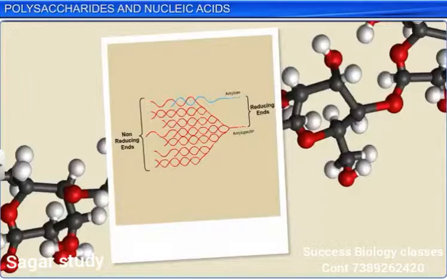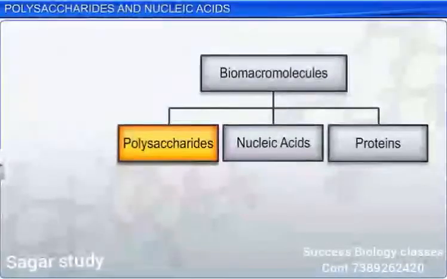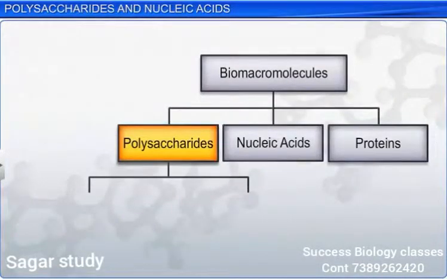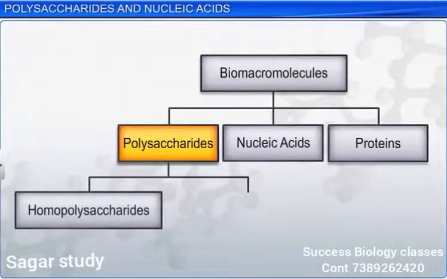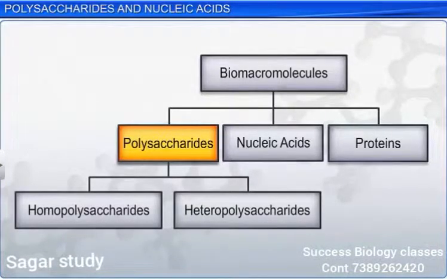Polysaccharides can be divided as homopolysaccharides or heteropolysaccharides. When all the monosaccharide units in a polysaccharide are of the same type, it is called a homopolysaccharide or simply homopolymer.